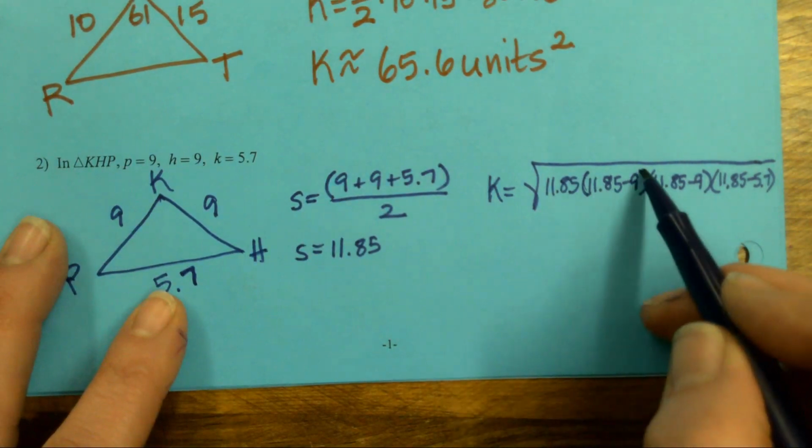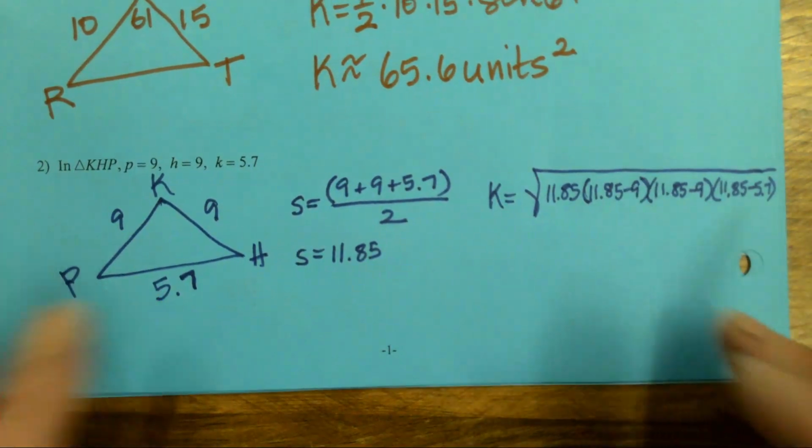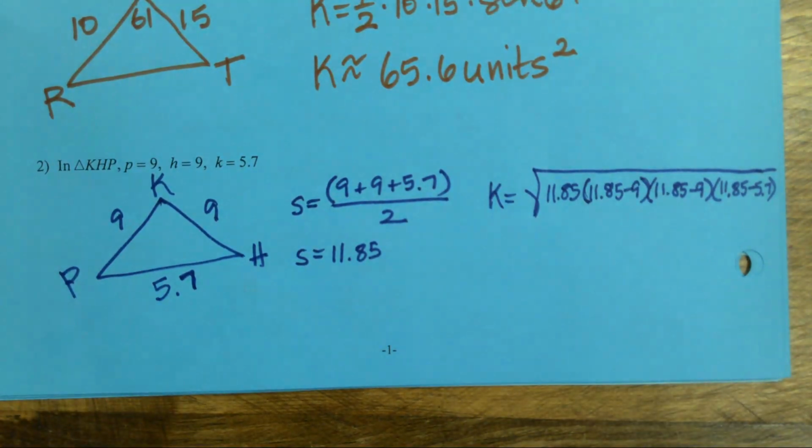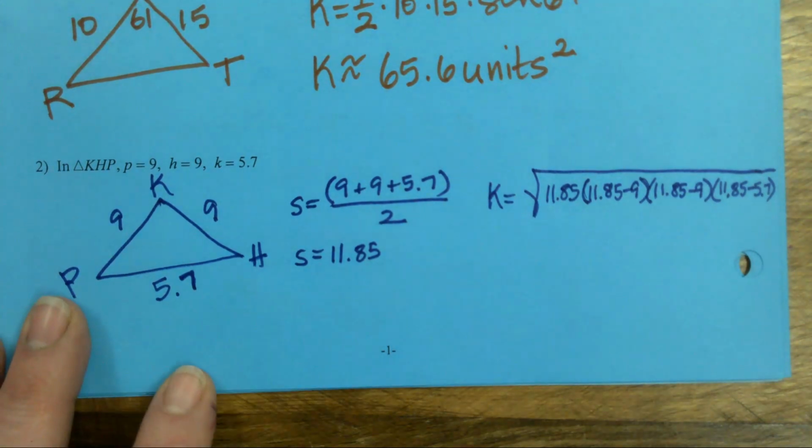When you're plugging this in your calculator, it is important that you put parentheses around those subtractions. You can't just plug it in. Your calculator will do the order of operations, so it will do all of the multiplication parts first and then do the subtraction second, and we want it to do all the subtractions first and then do the multiplications. So when you plug it in, please make sure that you do your parentheses around it.